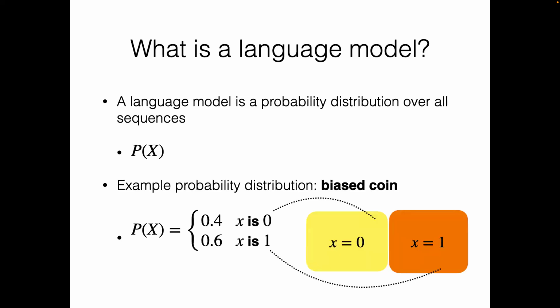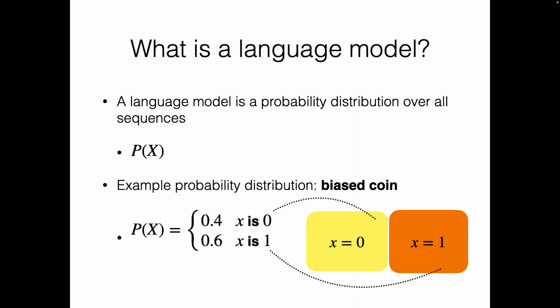And so again, an example of a probability distribution is, let's say you have a coin and it's not a fair coin. Then in this case, our space is just two elements. We have either 0 or 1. And so this distribution is assigning some probability to each possible outcome.